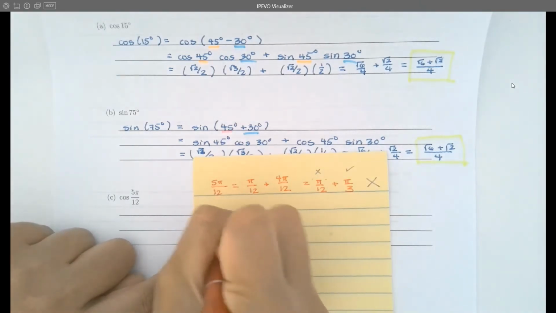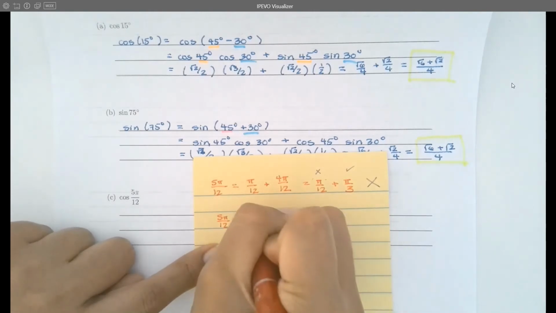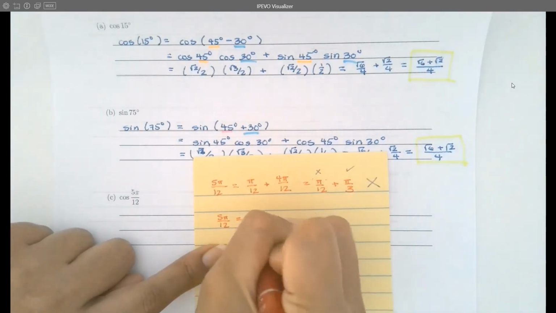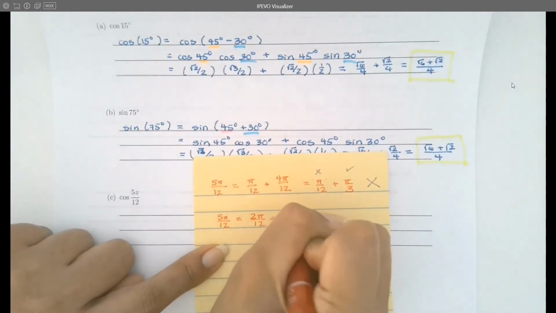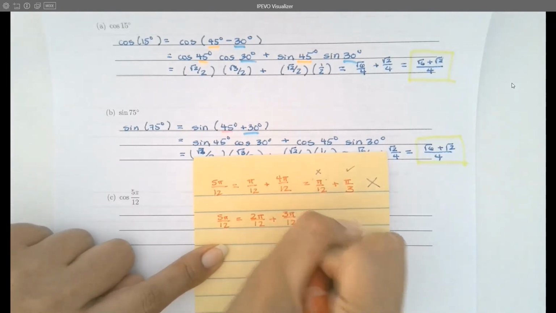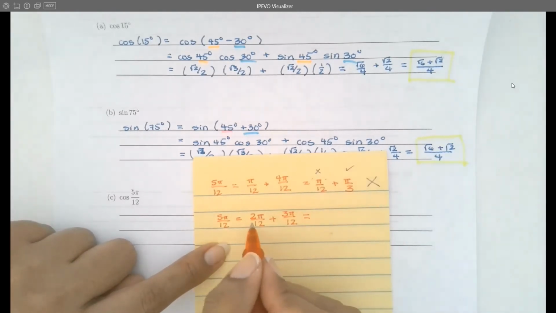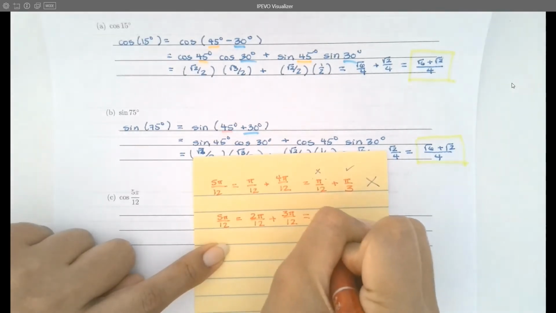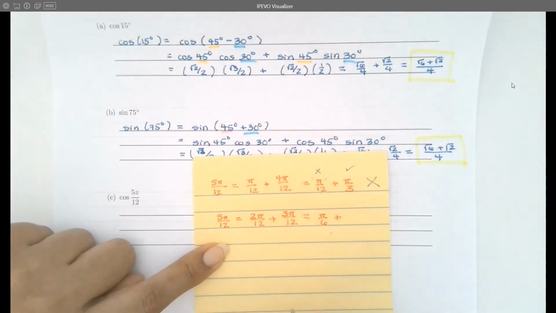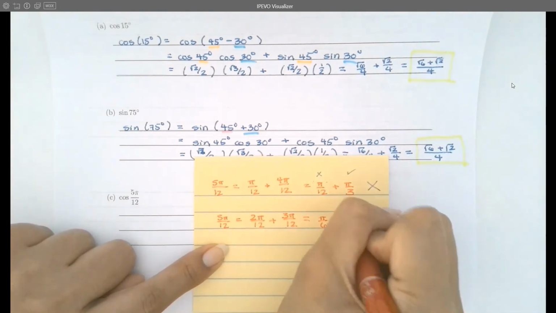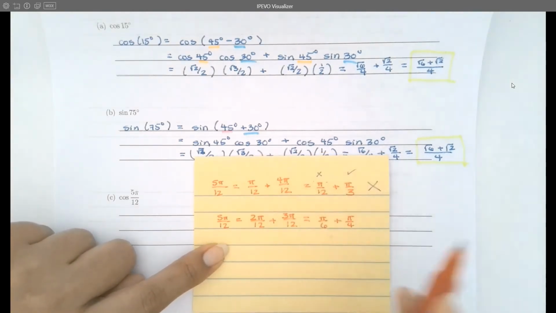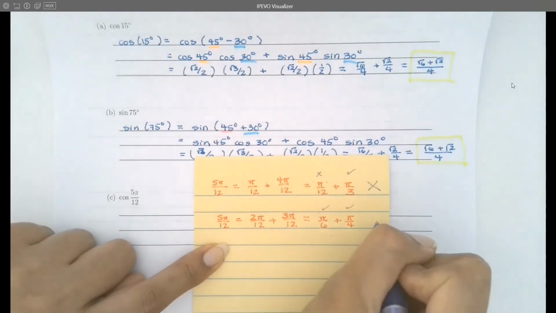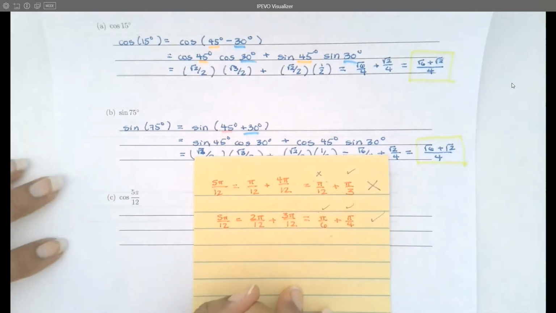The next possibility we can take a look at is the sum of 2 pi over 12 plus 3 pi over 12. Now if we write it this way, the 2 pi over 12 reduces down to a pi over 6, and the 3 pi over 12 reduces down to a pi over 4. Now both of these are on the unit circle, so because both angles are, we use that possibility.